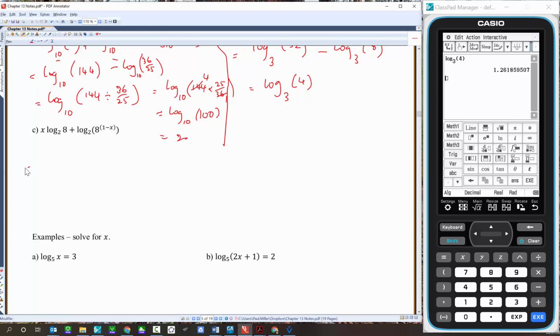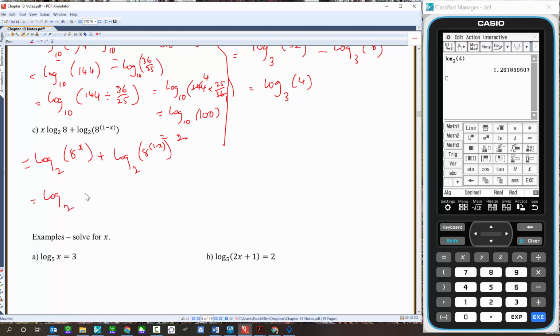All right, let's do this one. So I'm going to bring that up. Log base 2 of 8 to the x plus log base 2 of 8 to the 1 take x. Common base logs being added, so what we do is we multiply.